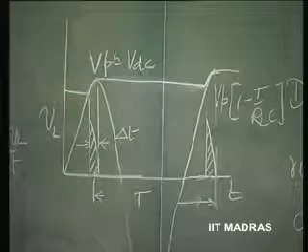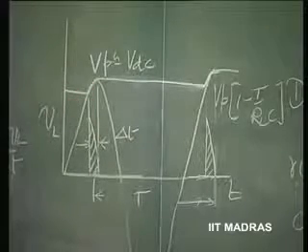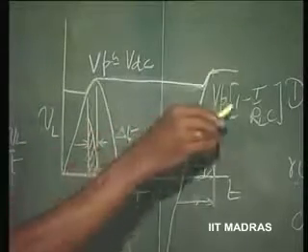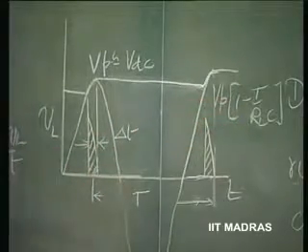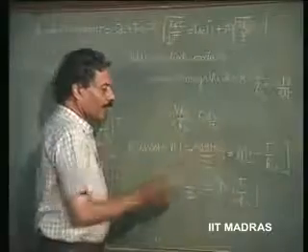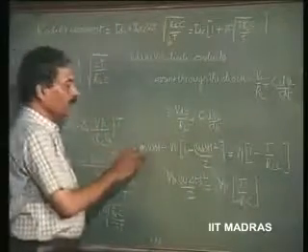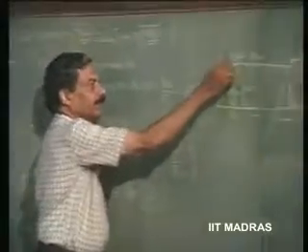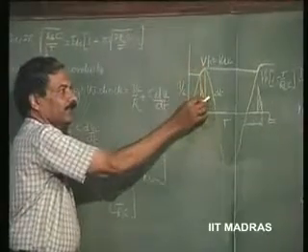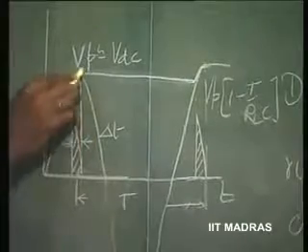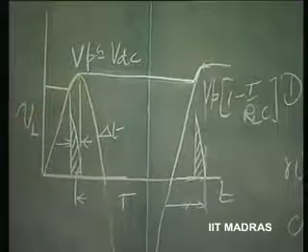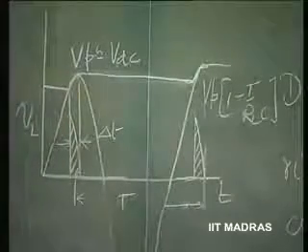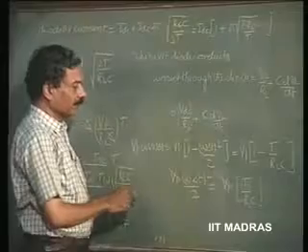So, at that point of time the voltage is V p into 1 minus T by R L C, that is known to us. It is the same as V p cos omega delta t, because if you take this as 0, this is nothing but a cosine waveform. So, this part of the waveform is defined by a cosine function V p cos omega delta t.